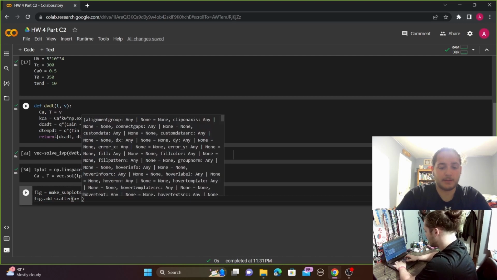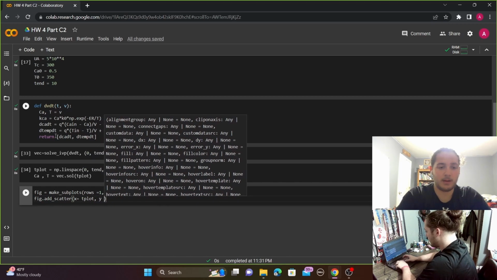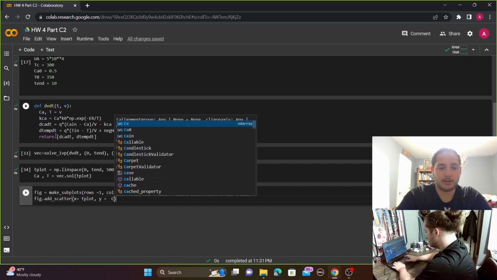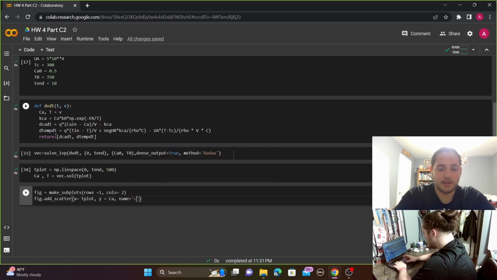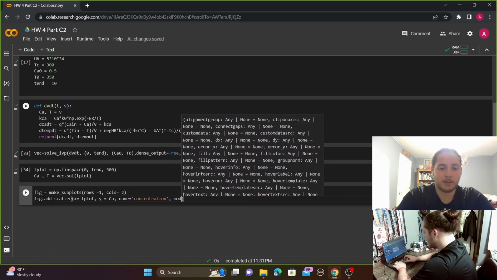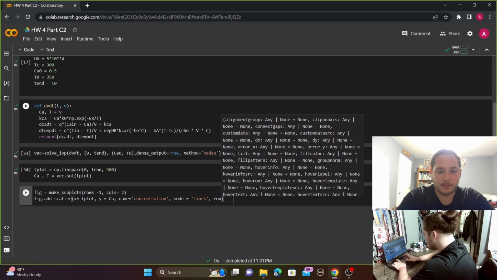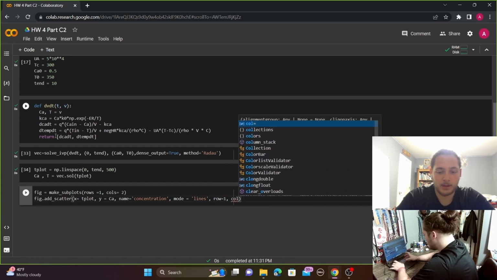Our x is going to be the tplot values. Our y is going to equal the concentration, CA. The name of this plot is going to be concentration. Mode is going to be equal to lines, and this is going to be row 1, column 1.